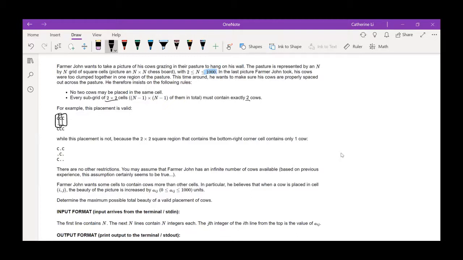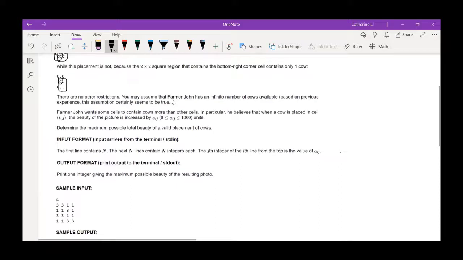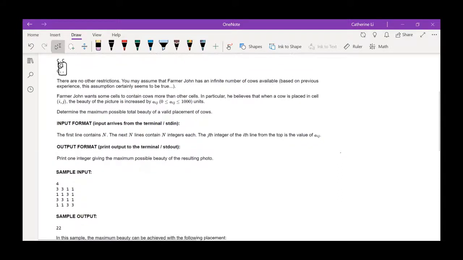This one also has 2, this one has 2, and this one has 2. If we look at this one, this subgrid has only 1 cow, so this one doesn't work. And this is the only restriction we have.